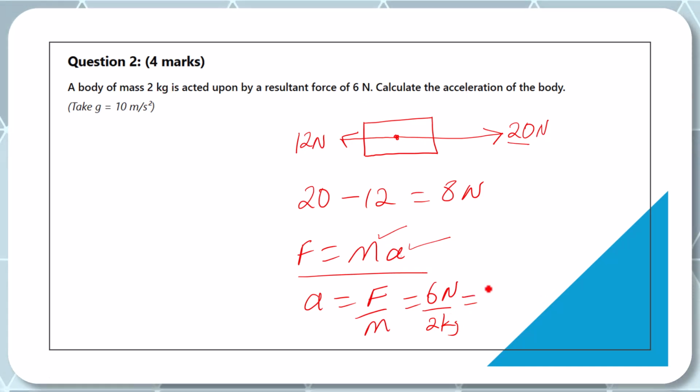So we have 3 newtons per kilogram, but we're not going to use newtons per kilogram here, because this is not gravity, it is acceleration. So we're going to use meters per second squared. So that is it. It's force divided by the mass, and that will give us that.